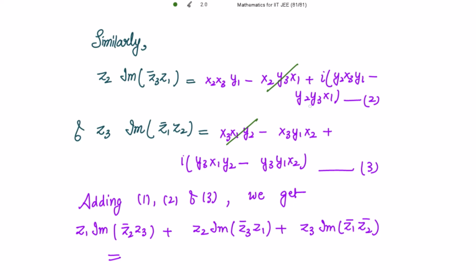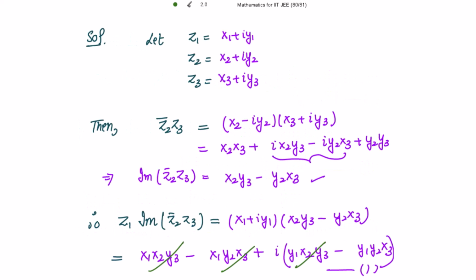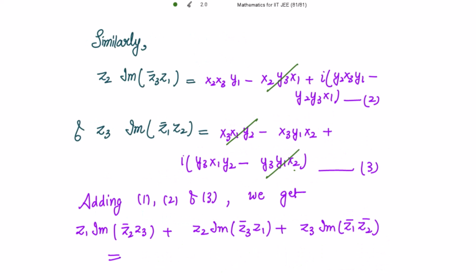So y1 x2 y3, this will be the negative term, so this is cancelled out with this, and then is negative iota y1 y2 x3. We have to find out the positive one, positive y1 y2 x3, and then x2 x3 y1 is cancelled out with this, and y2 y3 x1 with iota negative sign cancelled out with this positive one, y2 y3 x1. Very fine.